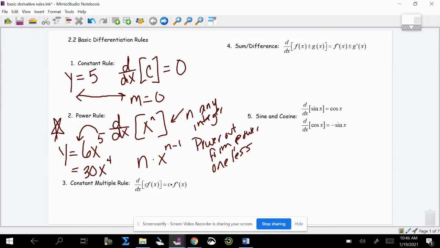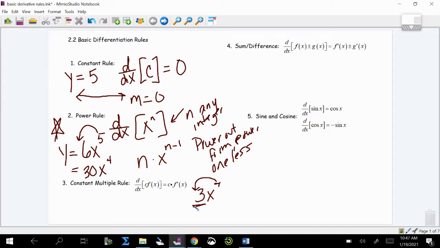Our third rule, which we actually do naturally, is called the constant multiple rule. Sometimes it's called the scalar rule. What it says is if you have a coefficient in front of a function, that coefficient just stays there when I derive. We just did one of those when you had a 3 in front of a function like x to the 7th. When you derive it and that power comes in front, that 3 is still there, so you multiply them together.